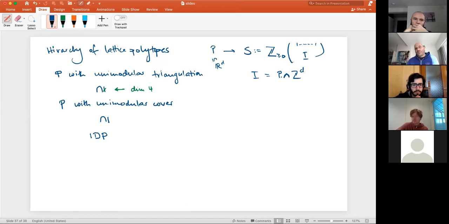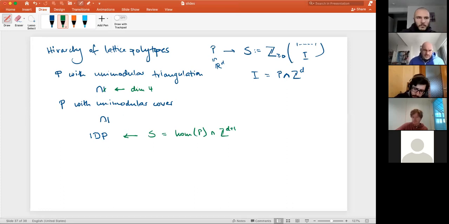So I'm generating a semigroup with the points at height 1 in Hom of P. And so IDP says that this semigroup is the same as the integer points in Hom of P. So this is a definition.